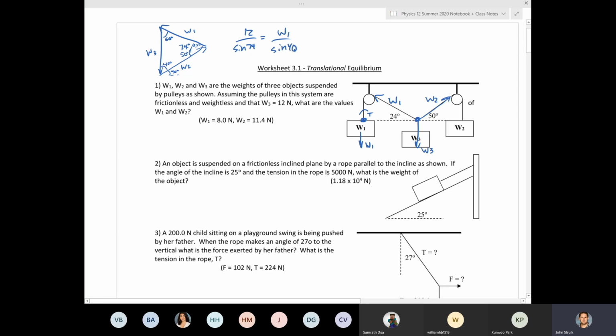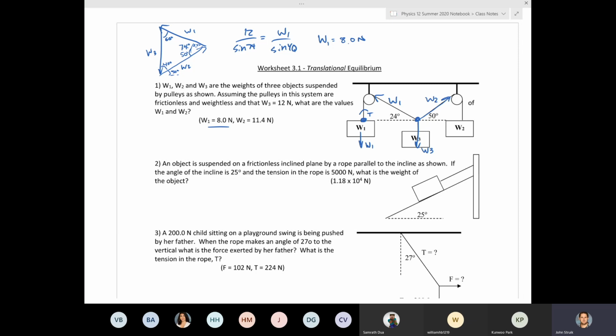That'll be easier. Okay, so then it's 12 sine 40 divided by sine 74 equals 8.02. So weight 1 is 8.0 newtons. Okay, and that's right there. And then you just do a sine law again for weight 2.